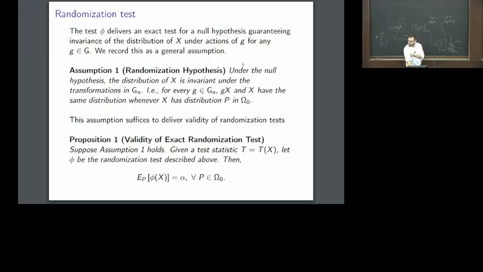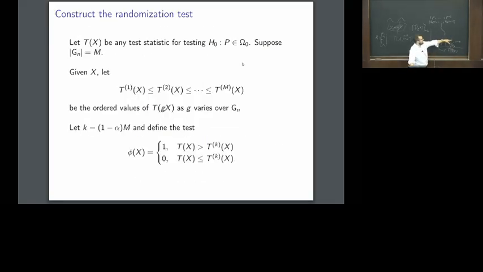Which gives it a lot of flavor, I think. Okay, so this is the expectation of the test, the probability of rejecting, because the test function phi is just the indicator for rejecting.